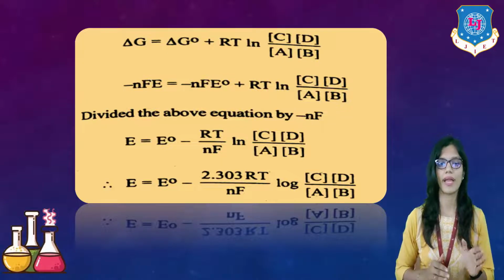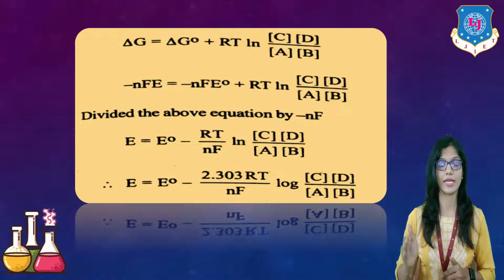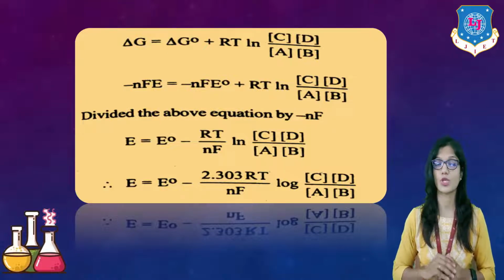So minus nFE is equal to minus nFE0 plus RT ln of concentration of C into concentration of D divided by concentration of A into concentration of B. The upper part shows the concentrations of the products while the lower part shows the concentrations of the reactants. Both of these concentrations play a very important role.